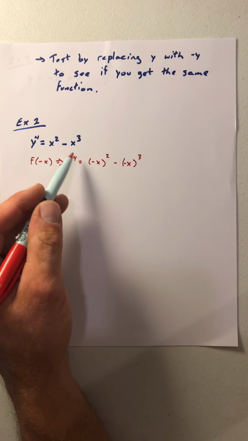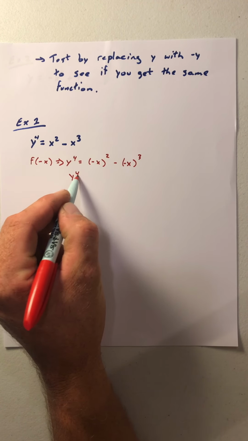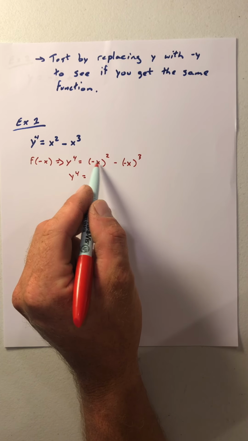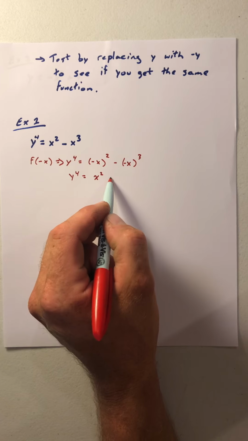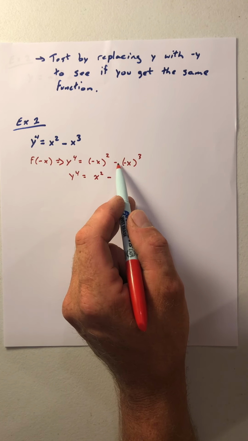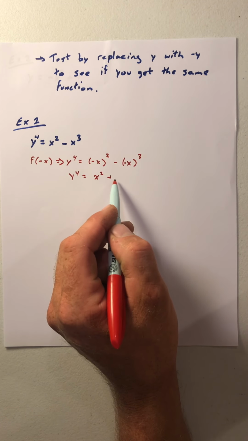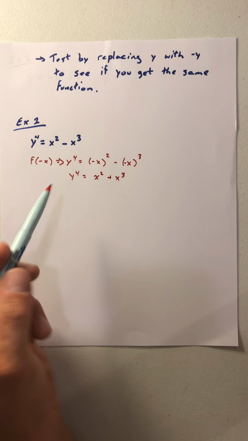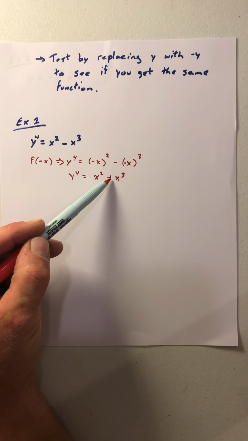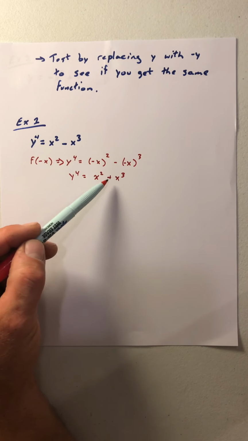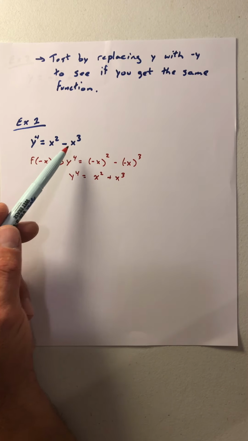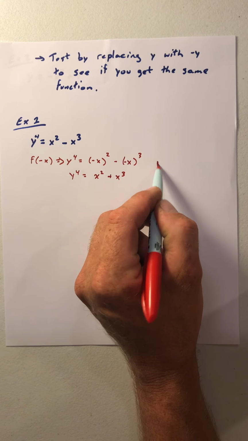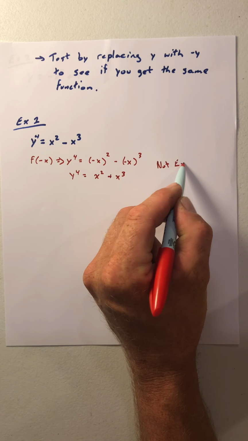Now we simplify to see what we get. Here we have y to the fourth equals x squared, since (-x) squared gives us x squared, minus, and a minus a negative gives us a positive x to the third. So x squared plus x to the third, our final simplified form, is not equal to x squared minus x to the third. So this is not even, and it's not odd.